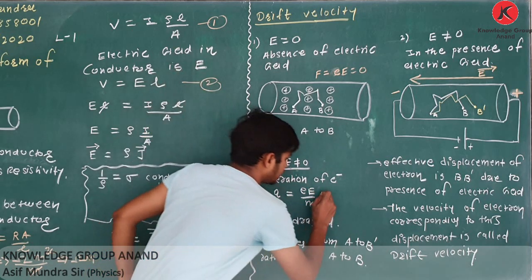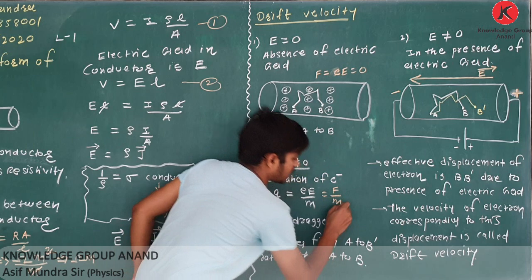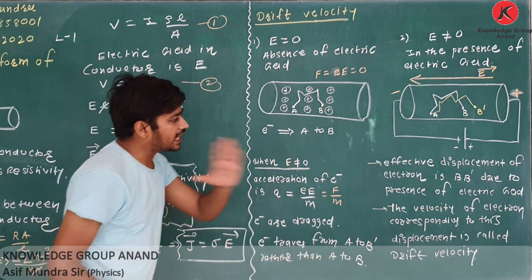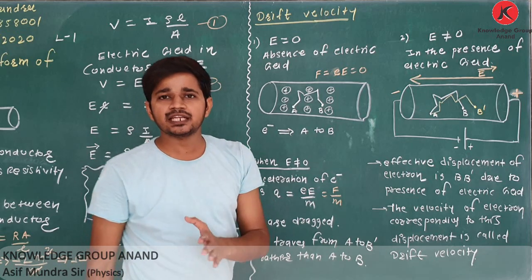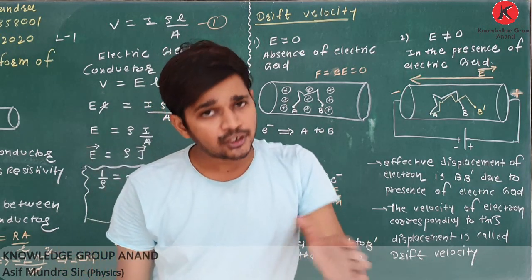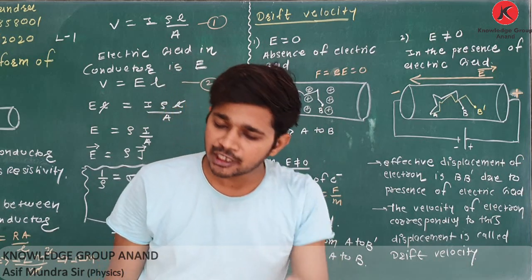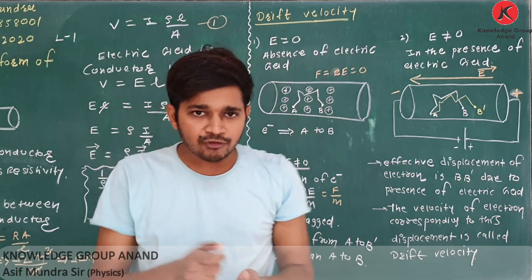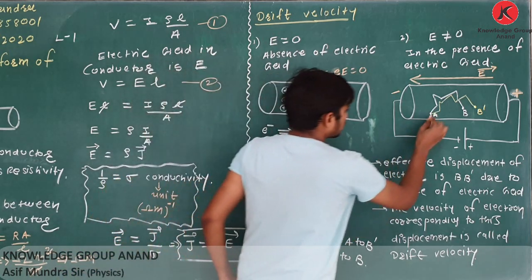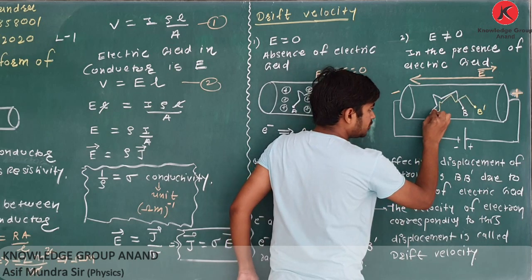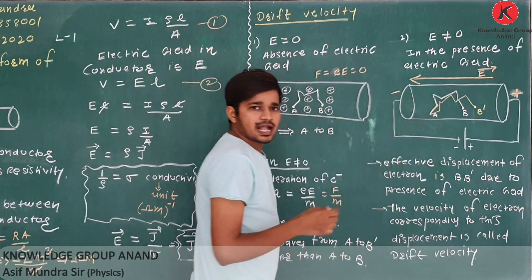You know this equation. It is force upon mass. And electrons are dragged. Yes, due to electric field, force is acting on the electron. They are performing accelerated motion, but for a very small time. The electron is moving due to force, then it collides here.